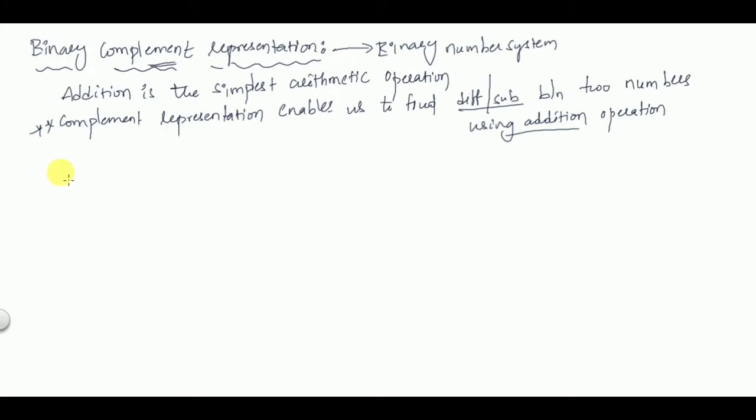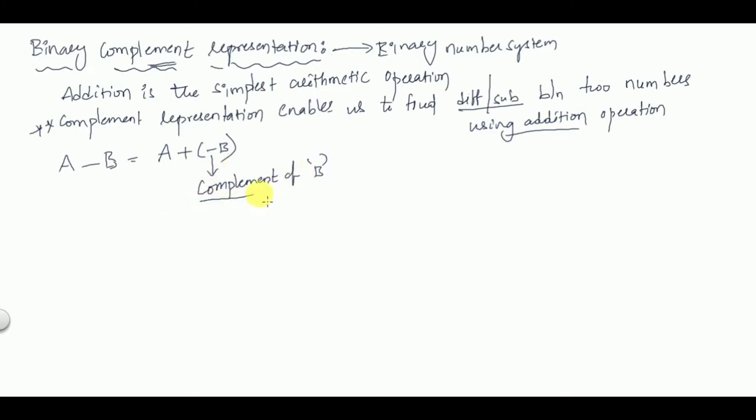That is, if we have two numbers a and b, and we have to perform a minus b, this can be written as a plus of minus b, and this minus b is called the complement of b.